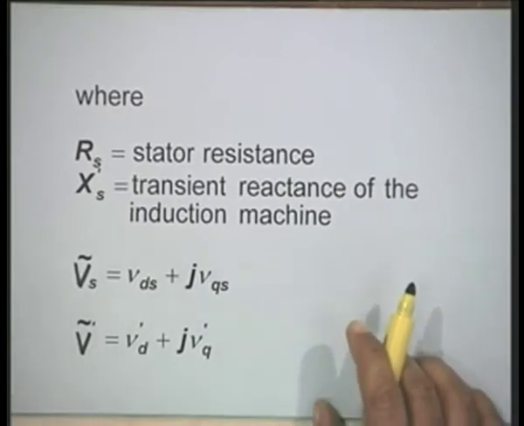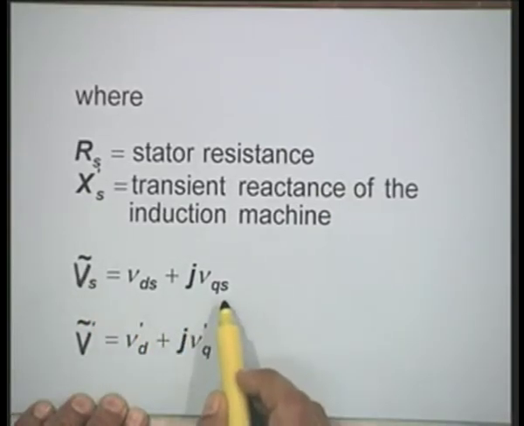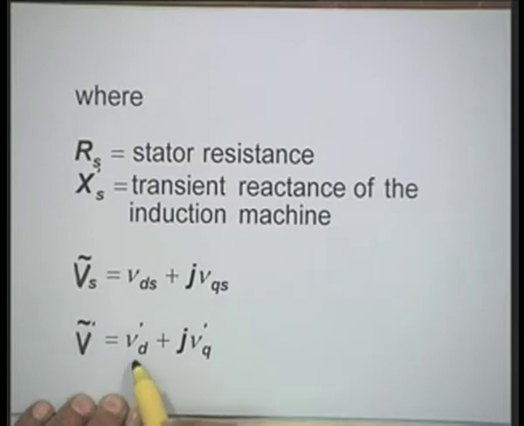When you represent these voltages in terms of D and Q axis components, we can write Vs equal to Vds plus j Vqs, and V prime equal to Vd prime plus j Vq prime.